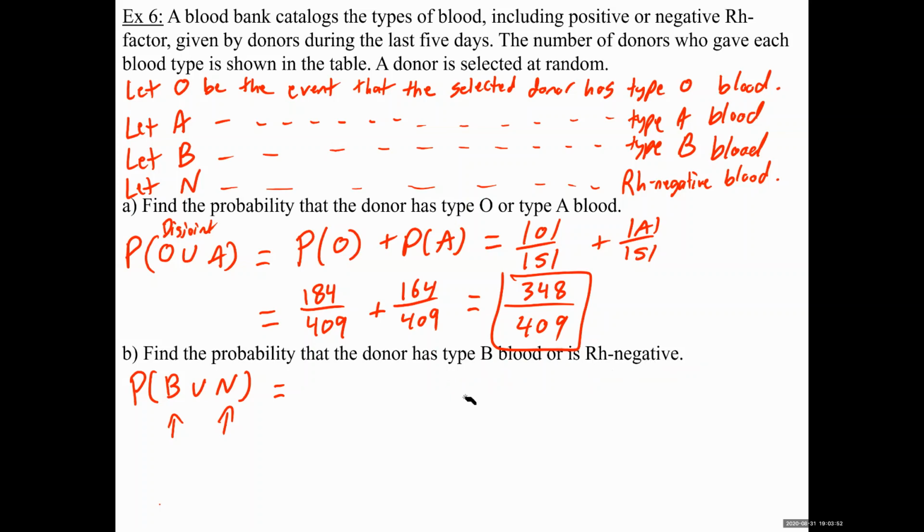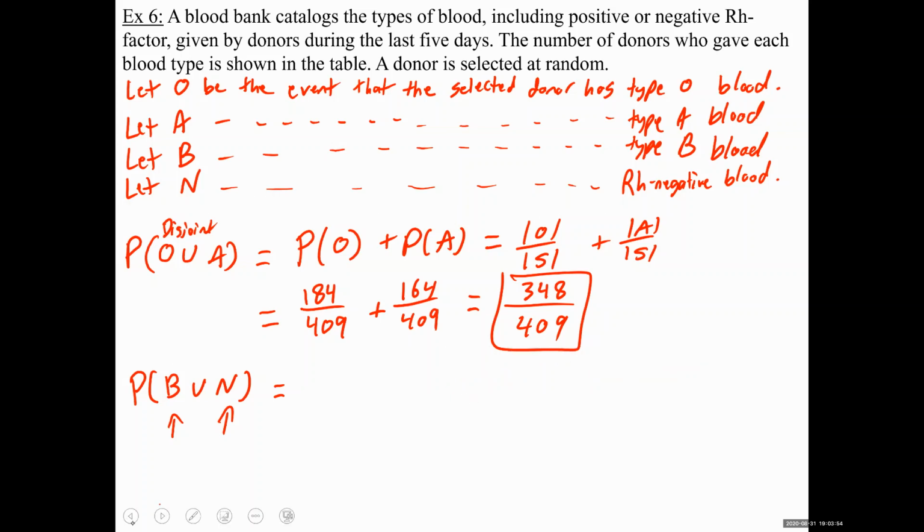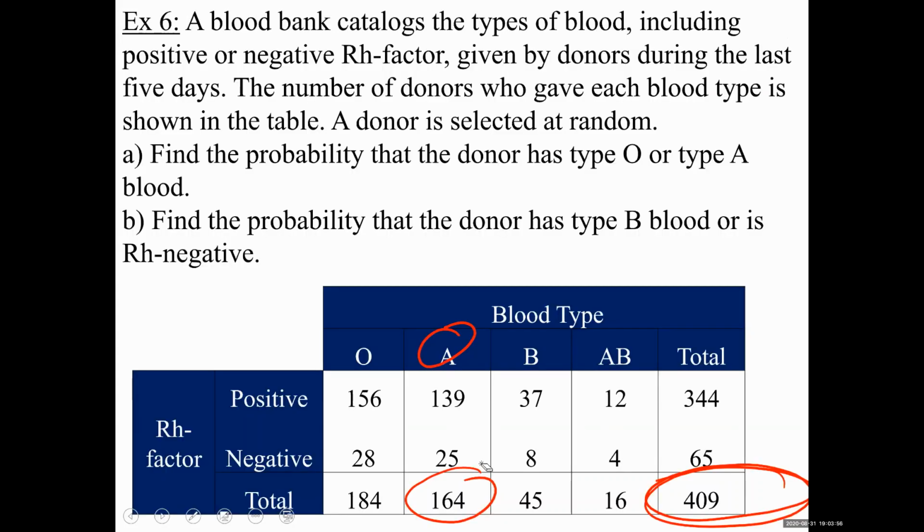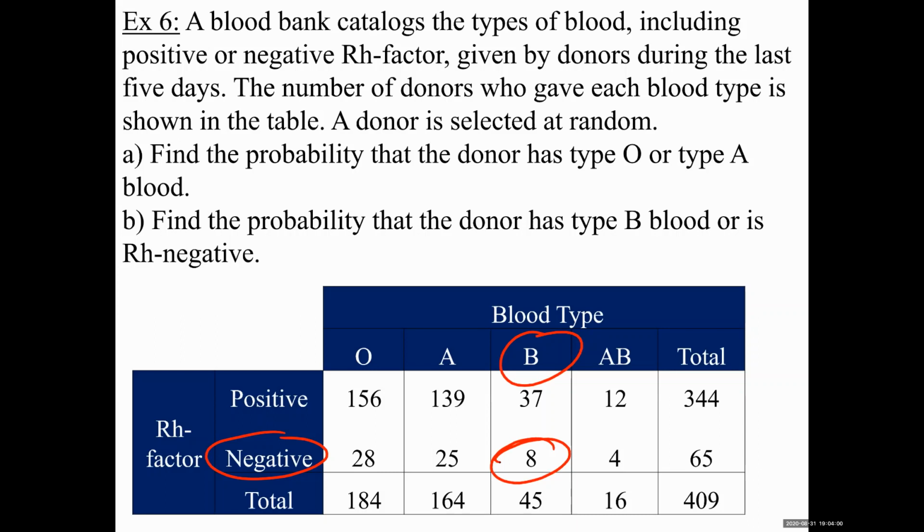If you're not sure, let's look at the table. Type B and RH negative, and you see in this problem there are 8 people who have both. Even though there are definitely people who have both, I only want to know among the 409 people.